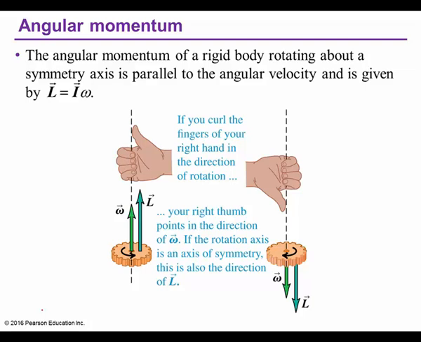Then the angular velocity and the angular momentum are in the same direction, aren't they? But if you flip it over and make the velocity go clockwise, then your angular momentum and your angular velocity are negative. So we use the right-hand rule, and that's how we do it.